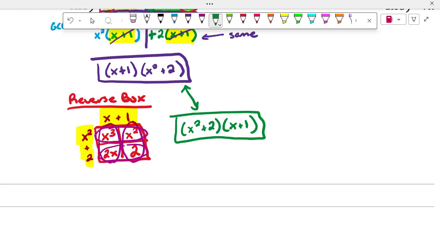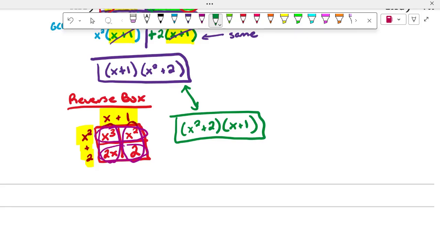So to be honest, I've done factoring enough that I don't necessarily use a method every time, but I lean more towards reverse box because I just like the visual of it. But I can also do the T method pretty well, just because I've been doing it forever.